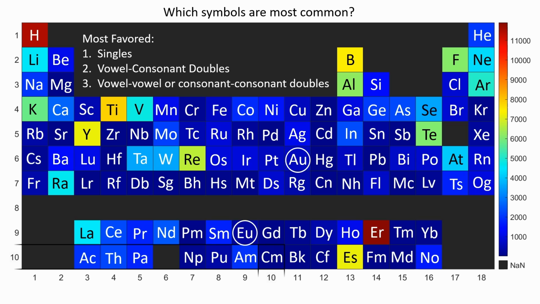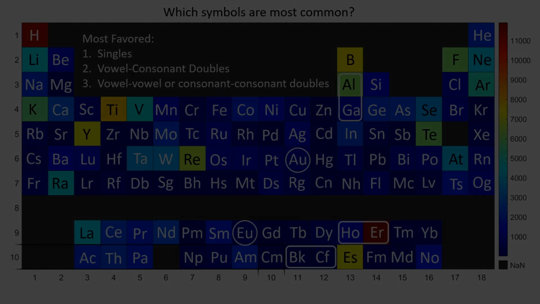Obviously, some of the consonant-vowel combinations are much more heavily favored, but generally all of them have at least some uses, whereas there are some consonant-consonant combinations with practically 0 uses. Although, it should be noted that every single atomic symbol was used at least once.